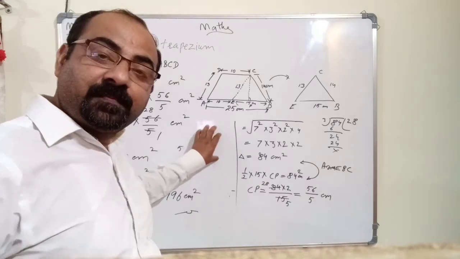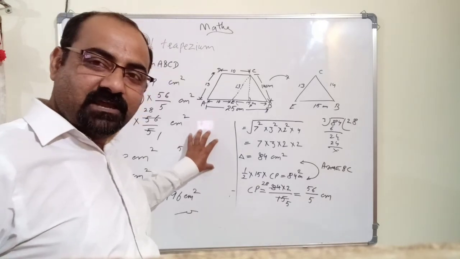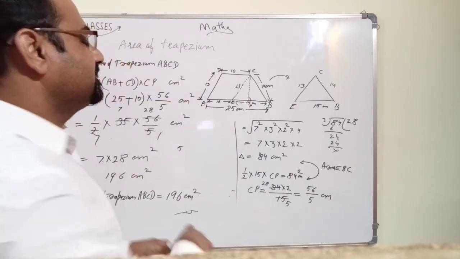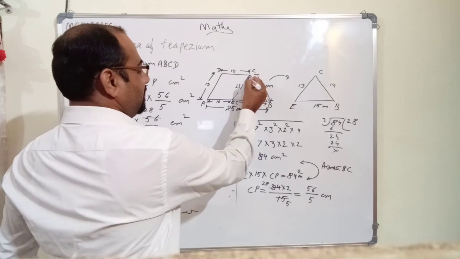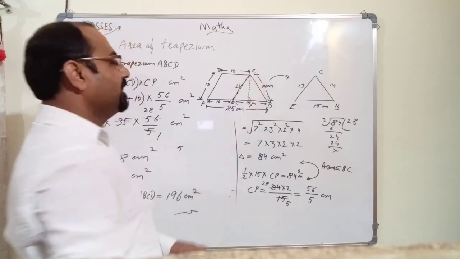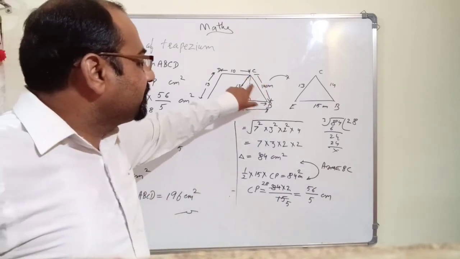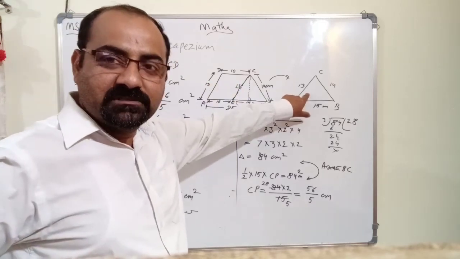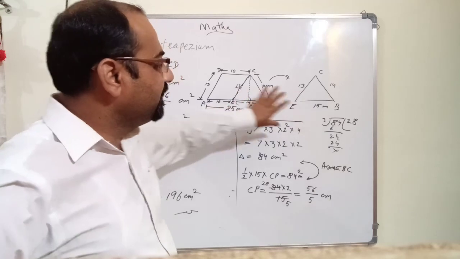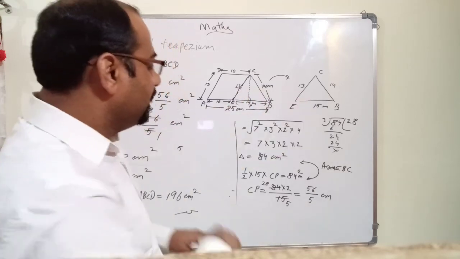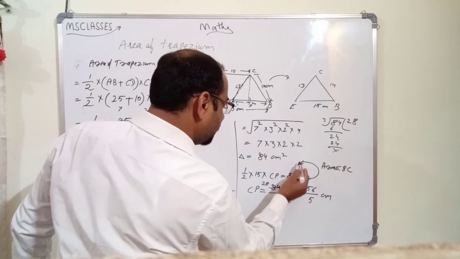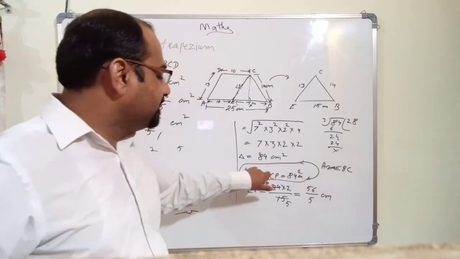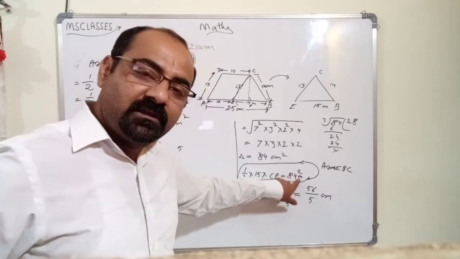So what do we need to calculate this type of solution? First of all, we have to make the parallel lines, and make a triangle. And in the triangle, we have to use Heron formula to calculate the area of the triangle. Then equate both formulas: area of the triangle is equal to Heron formula area of the triangle.